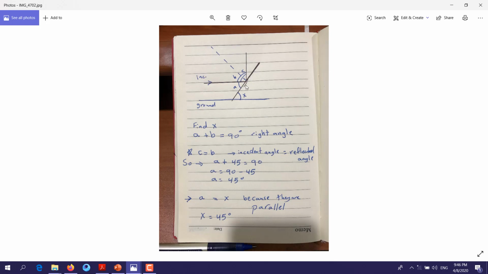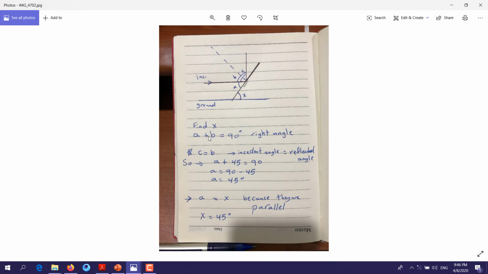These are the main words. Now the question is: find x. Now if a plus b equals 90, how do we know it's 90? Because they form a right angle. The words right angle mean 90.